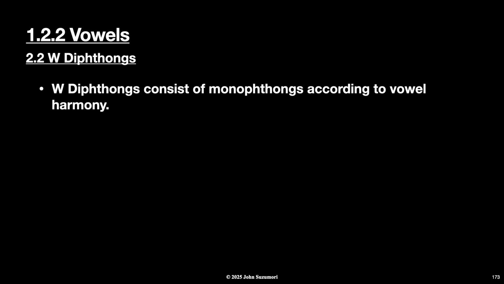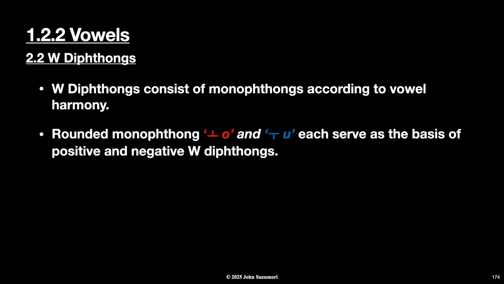A noteworthy property of W-Diphthongs is that they consist of monophthongs in accordance with vowel harmony. Rounded monophthong o and u each serve as the basis of positive and negative W-Diphthongs.